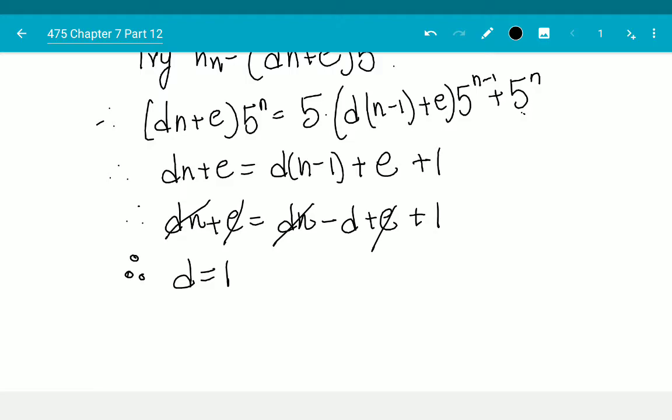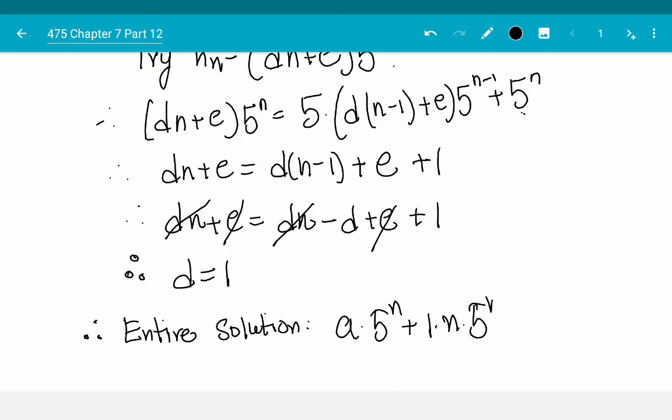And so therefore, my entire solution is going to be of the form a times 5 to the n plus 1 times n times 5 to the n, which is n plus a times 5 to the n, right?